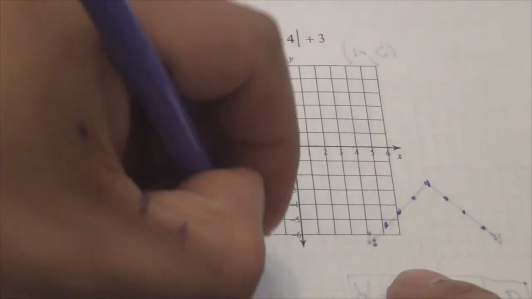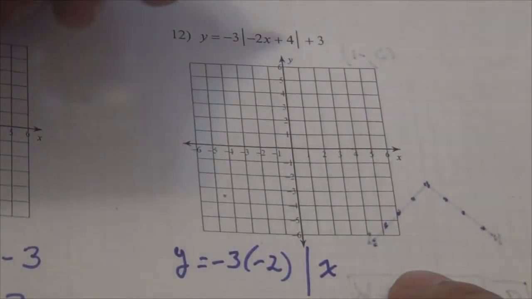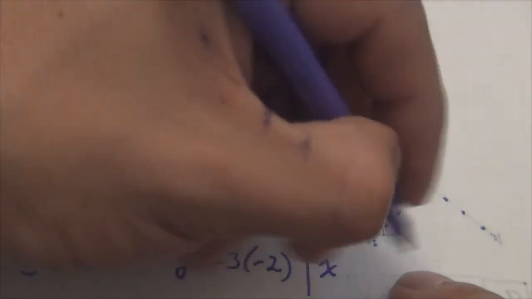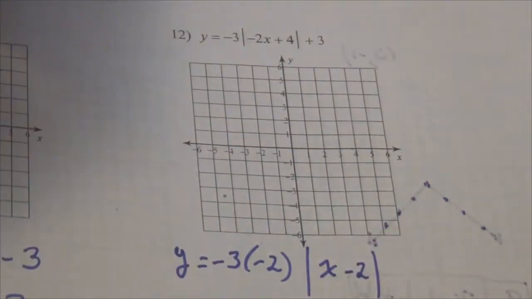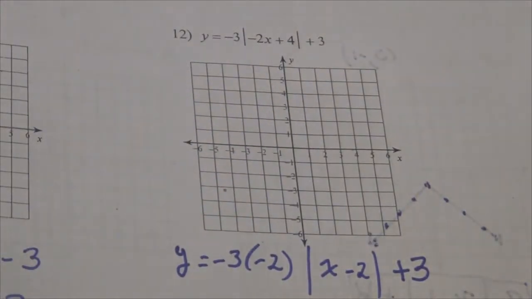Y equals -3 times -2, okay, times the absolute value of x, and then remember you're dividing by -2, so -2 plus 3. Yeah, you don't divide this by that.